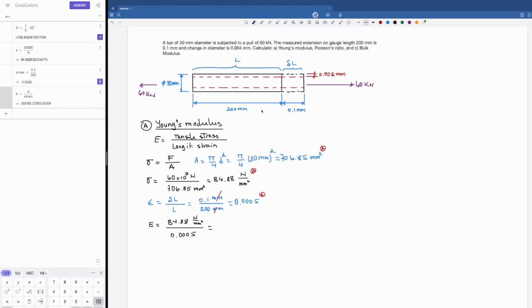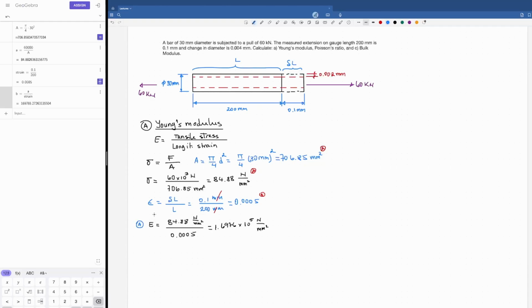So we can reduce that number a little bit: 169.76 times 10 to the power of 5 newtons per square millimeter. And here we have solution A.